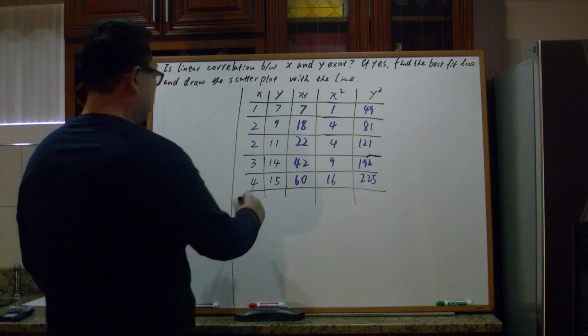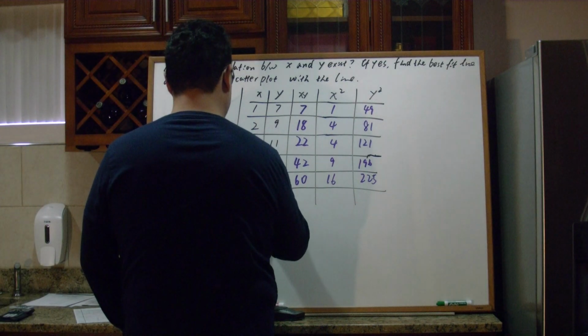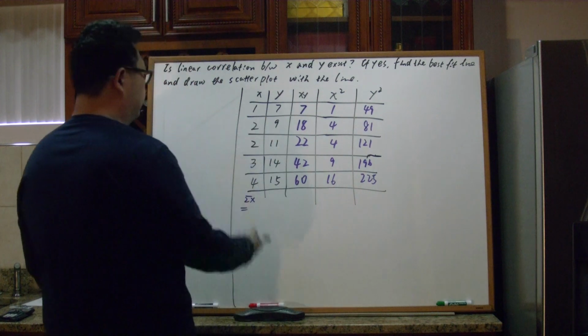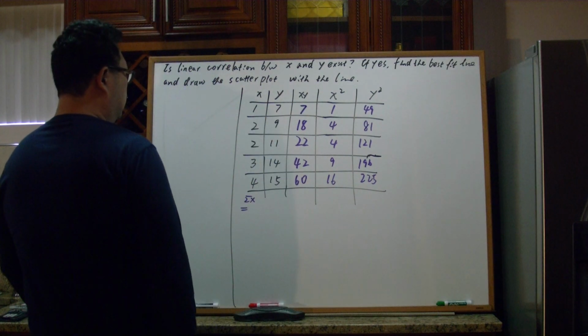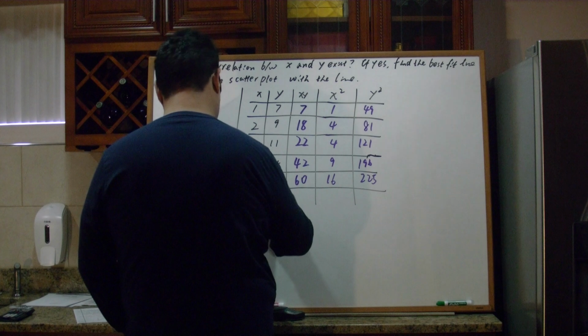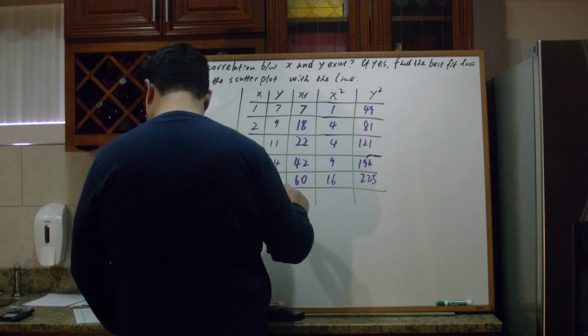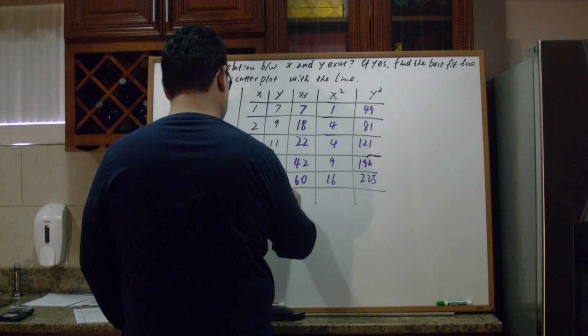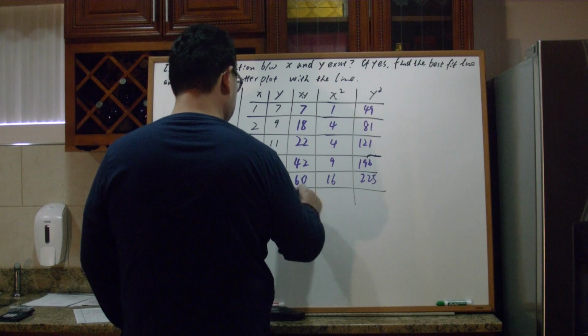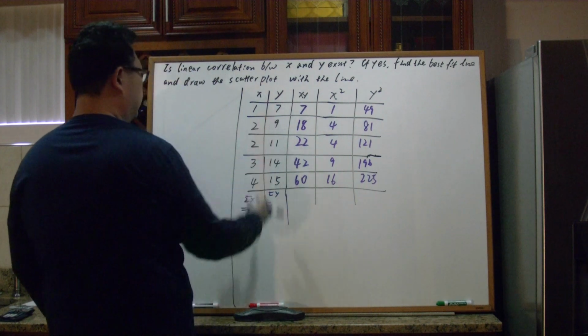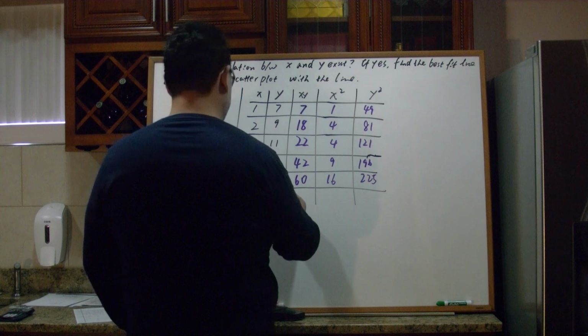Therefore, we will find our sum of x, that is the sum of this column, 12. Sum of y, that is the sum of the second column of y, that is 56.